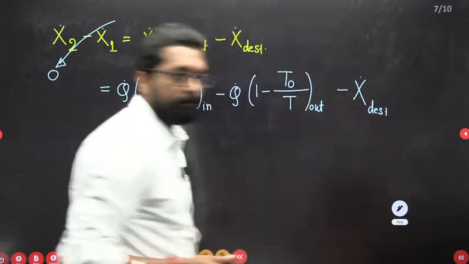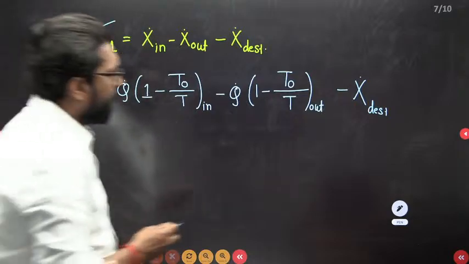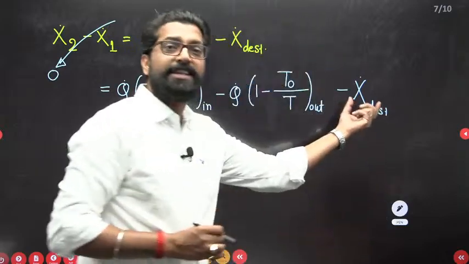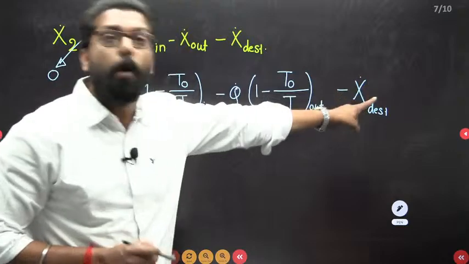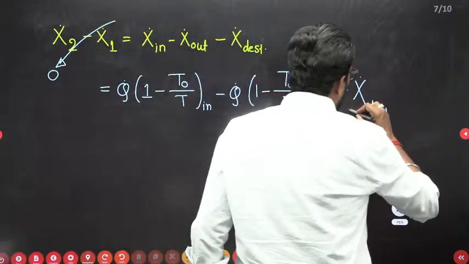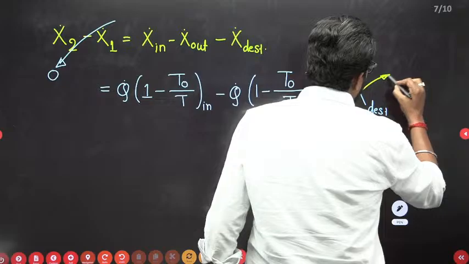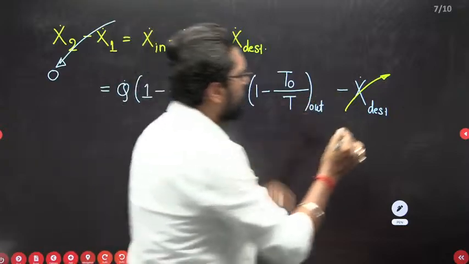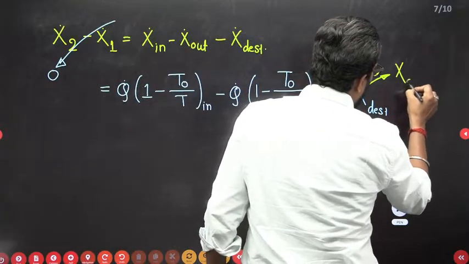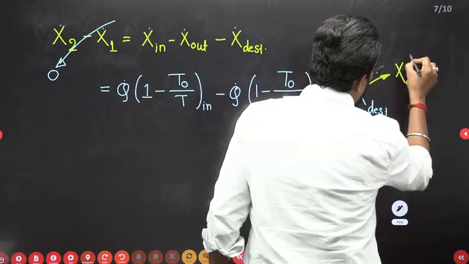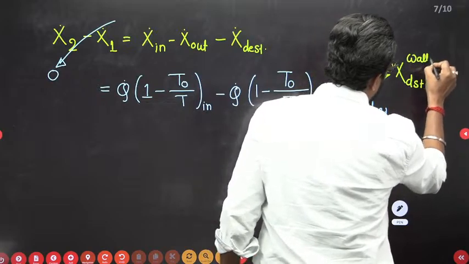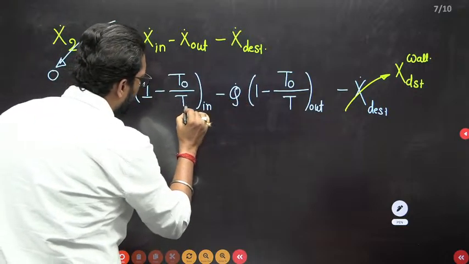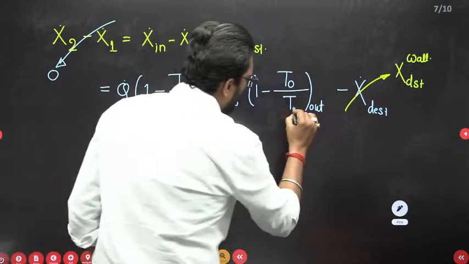Yes or not? Now if we have to find the exergy destroyed internally in the wall, that means within the system due to the wall, in this case we have to put the wall inner temperature and wall outer temperature.